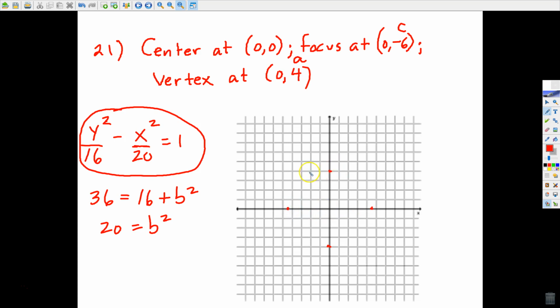Okay, use those 4 dots to do a rectangle. And use your rectangle to help you draw 2 lines that are called asymptote lines. So you're basically going to make an X, lining up the center and the opposite corners.